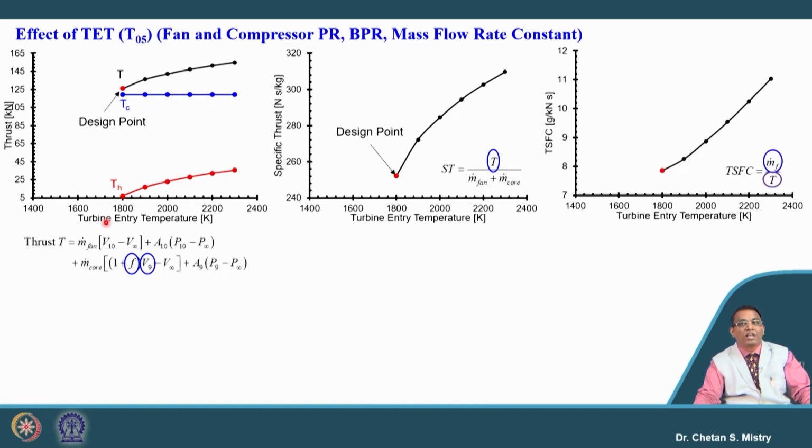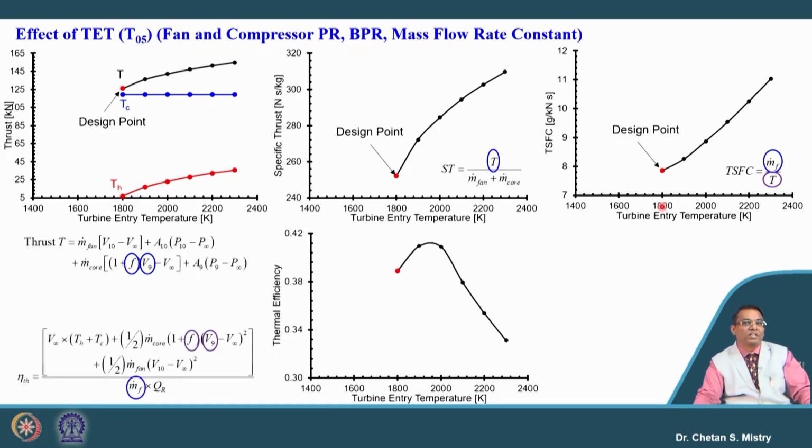Let us look at what is happening in terms of specific fuel consumption. As we are discussing, suppose this is the engine we are targeting for a commercial aircraft, where my target is to reduce the specific fuel consumption, and that is what we are getting, the lower thrust specific fuel consumption at turbine entry temperature of 1100 Kelvin.